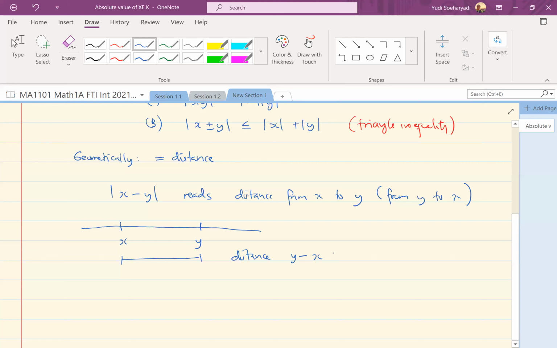So y minus x, right? Or x minus y if x is to the right of y, as in this case. All right, so this is distance actually.